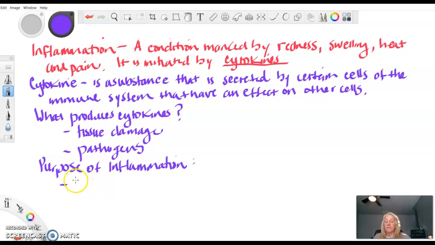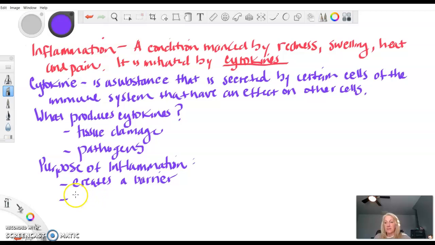So the first thing is it creates a barrier. So it tries to localize and ward off the infected area from moving on to healthy tissue. Okay, so it creates a barrier between injured tissue or pathogenic tissue and healthy tissue.